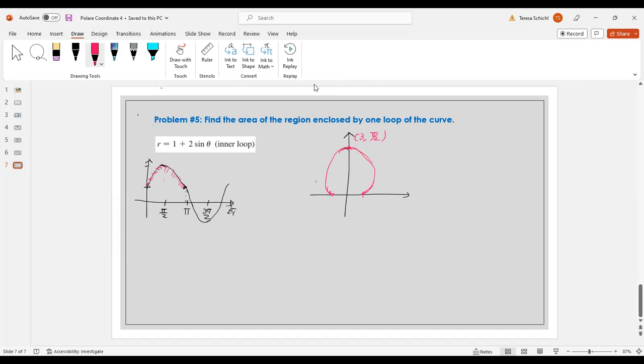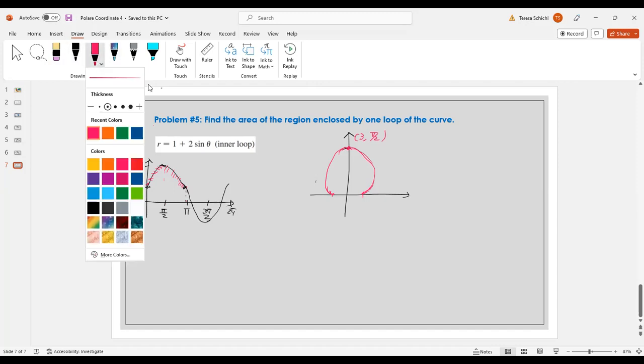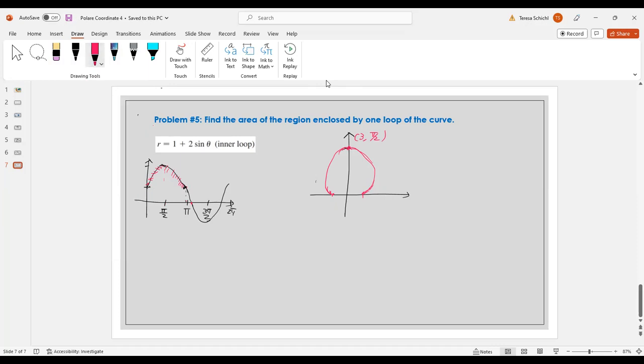So this is the pink one here, from π. Now these terms here: from π to this point will be 7π/6, and this point here will be 11π/6.